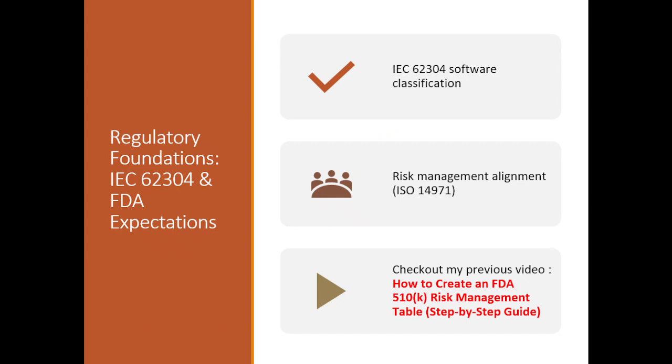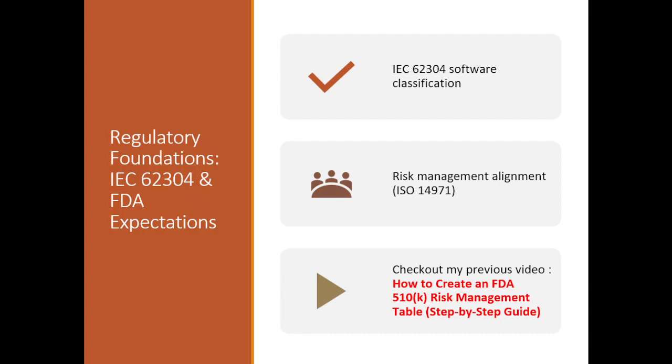IEC 62304 is the international standard for medical device software development, and the FDA aligns closely with its expectations. This standard classifies software into three safety classes based on risk.